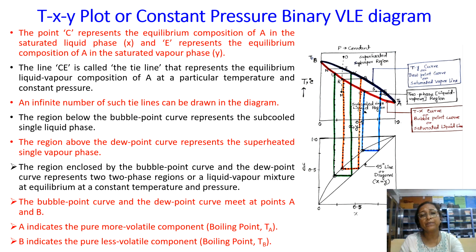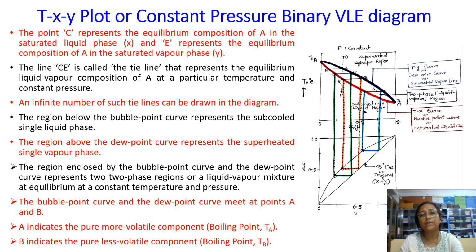Now the region below the bubble point curve, or TX plot, represents only the liquid phase, that is a single liquid phase. That means no presence of vapor. It is known as subcooled liquid.